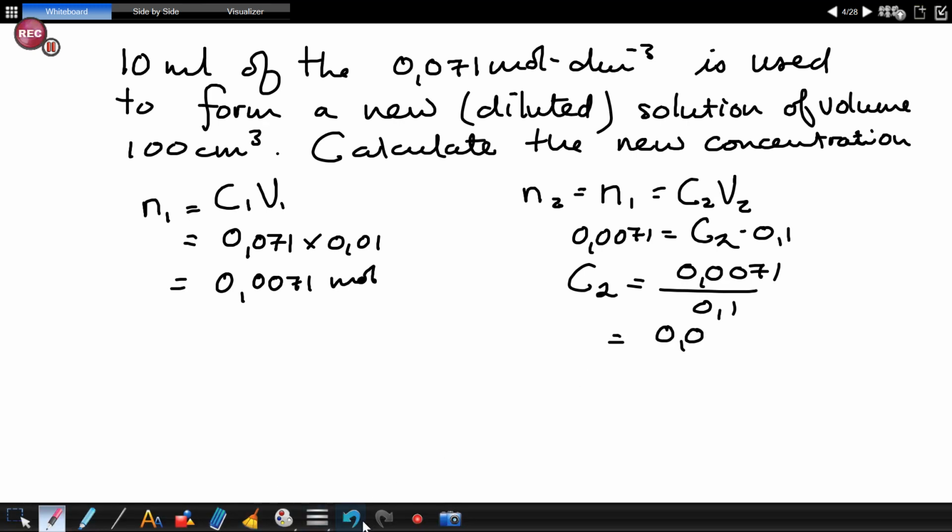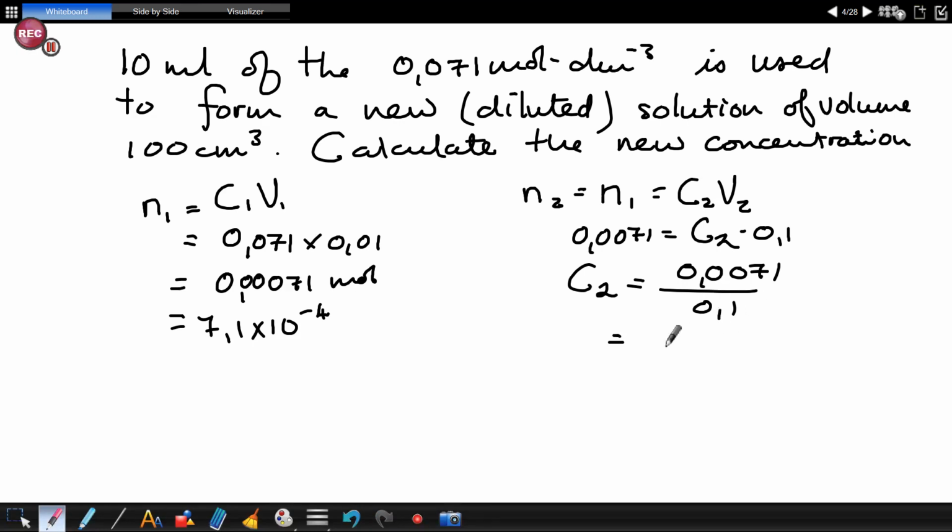Okay, tell me what the scientific notation is then. For the first mole, you're missing a zero. Am I missing a zero? There. Okay, so this is 7.1 times 10 to the minus 4.